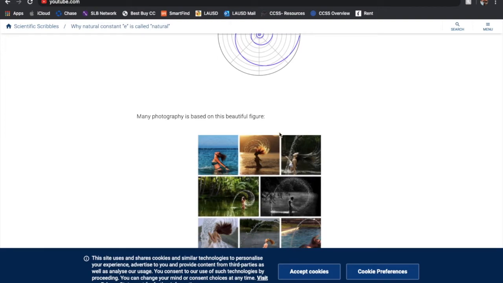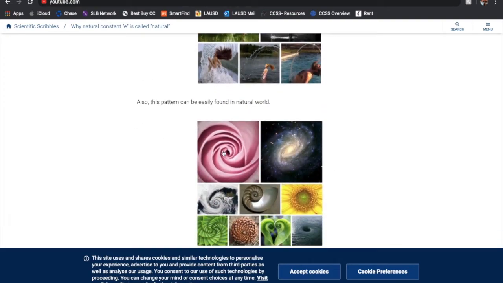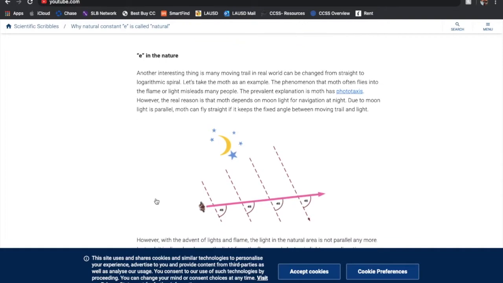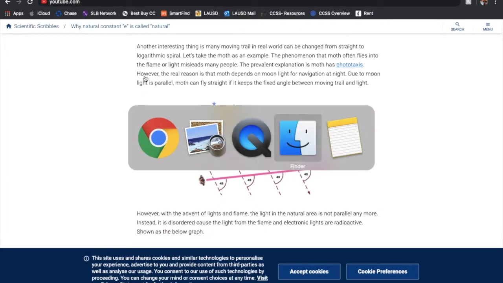So these are some pictures that denote the natural form. And you actually see patterns like this in our universe. You can tell right away that all of these look like e in polar coordinates.